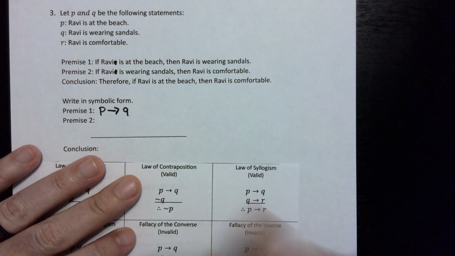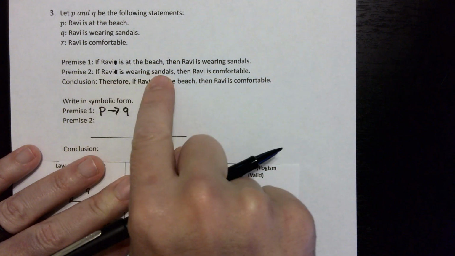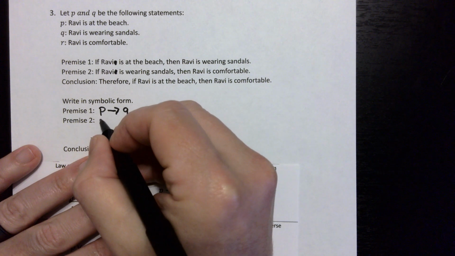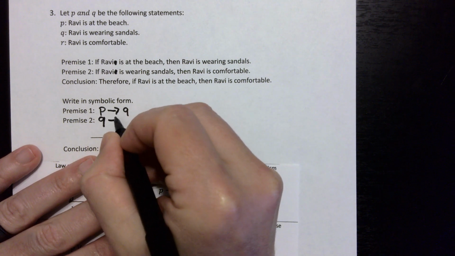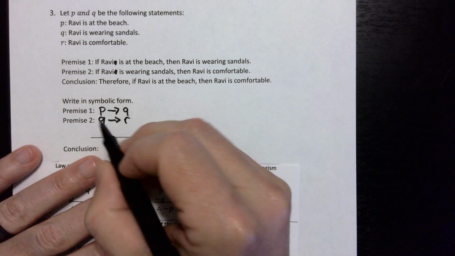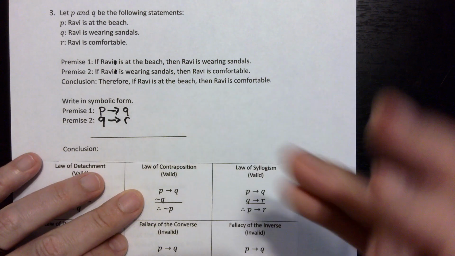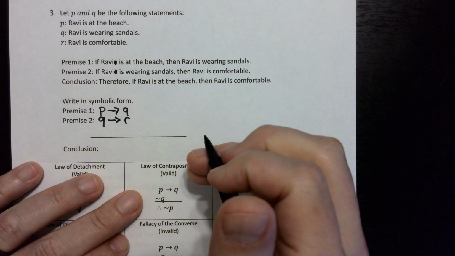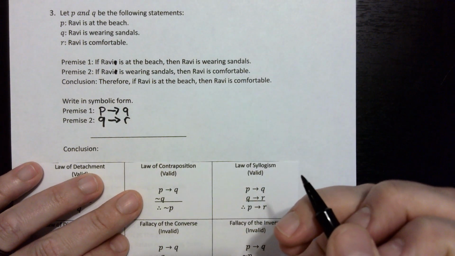And then the second one says, if Ravi is wearing sandals, then Ravi is comfortable. So if Q, sandals, then R, comfortable. If P, then Q, if Q, then R. And the conclusion is, therefore, if Ravi is at the beach, then Ravi is comfortable.